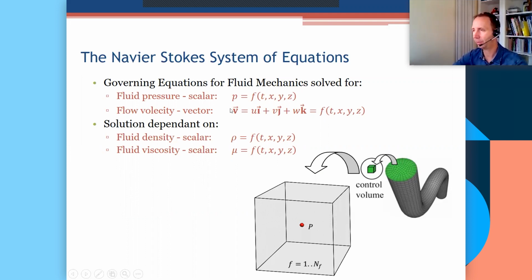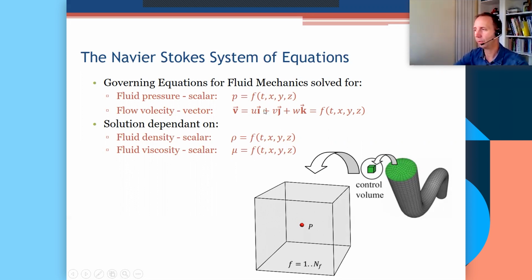And that vector, if you express it in 3 dimensions, can be written in the Cartesian coordinate system in terms of its components, u, v, and w. These letters are traditionally used in fluid mechanics to describe the components of a velocity vector in the Cartesian coordinate system. Each one of these, u, v, and w, is a function of time and space, and each one may be a different function of time and space. That is, they vary differently with time and space.